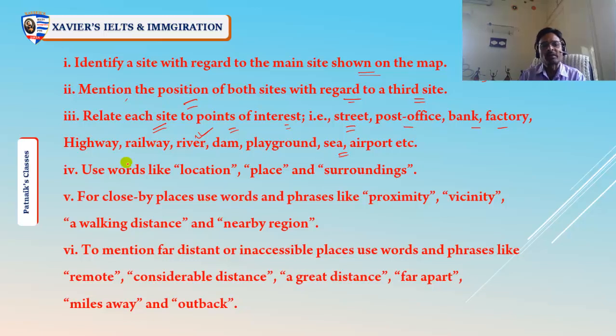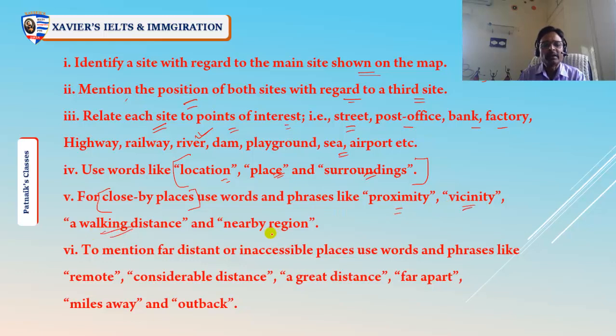Use words like location, place, and surroundings, right? Surroundings, place, location, right? These words are simple words, but with these you can precisely represent a particular item in the map. Then for close by places, that means the places which are very near to each other, there is no major distance among them, we can use words or phrases like proximity, vicinity, a walking distance, a nearby region, right?